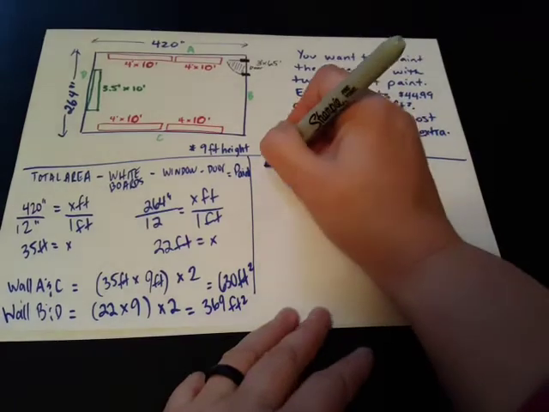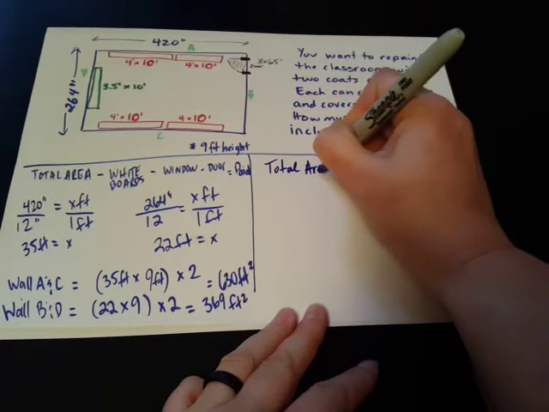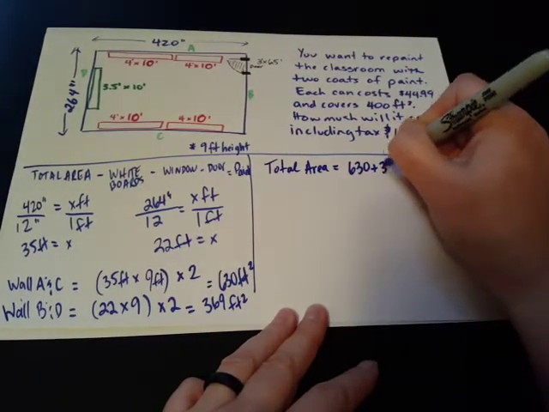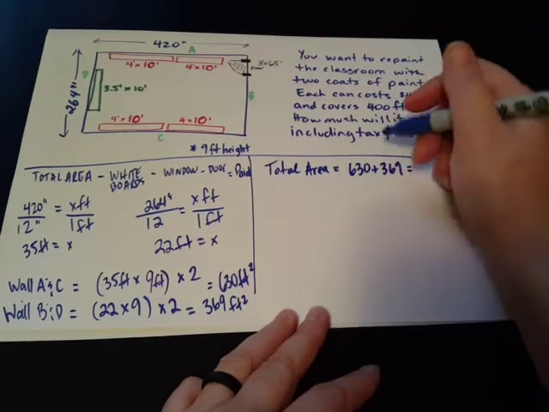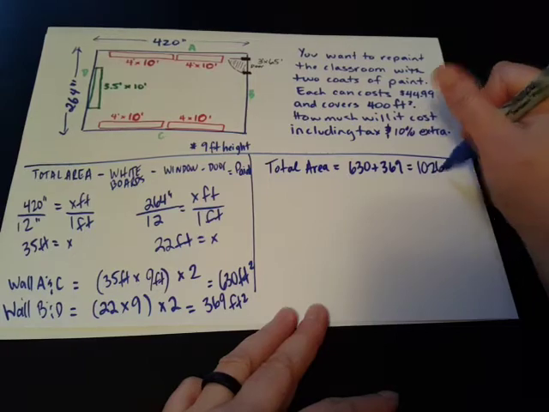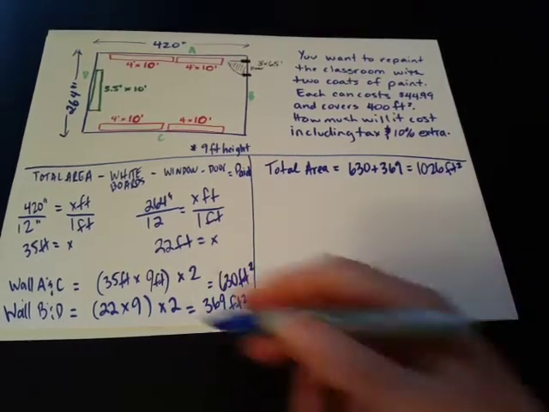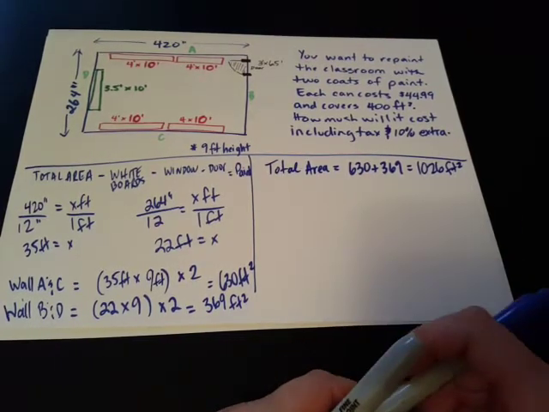Bringing that together, so total area. Of course, if you wanted to do all 4 walls individually, you could then add all 4 walls together, but it seems a lot faster to just multiply them. So now we know the total area of the space.